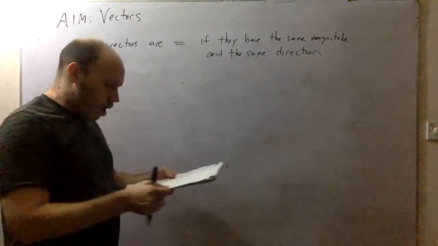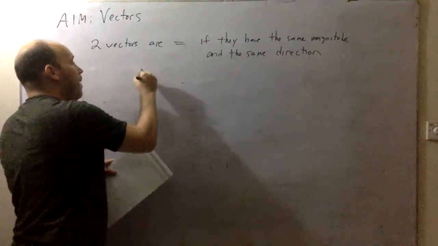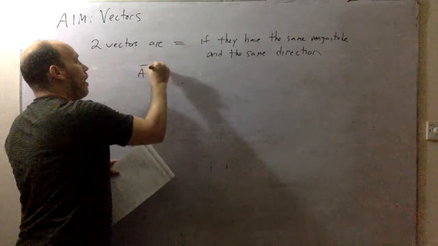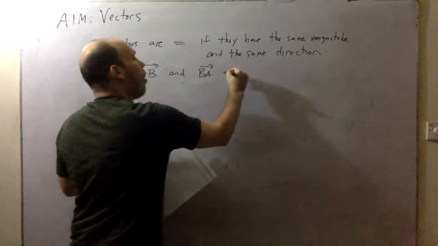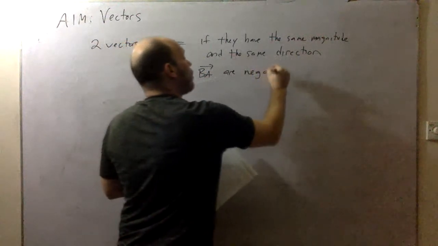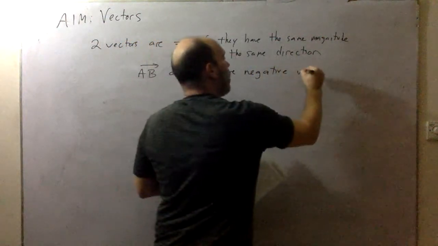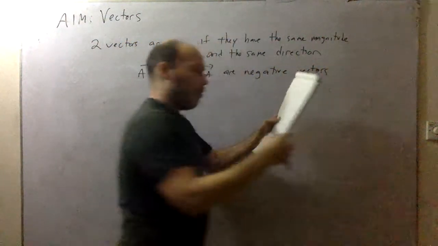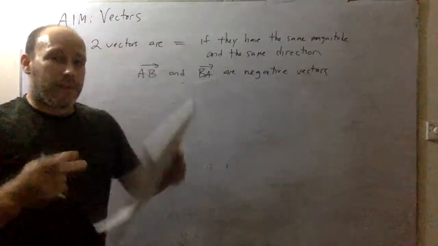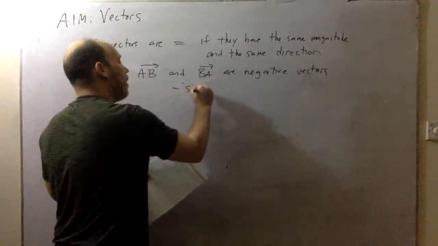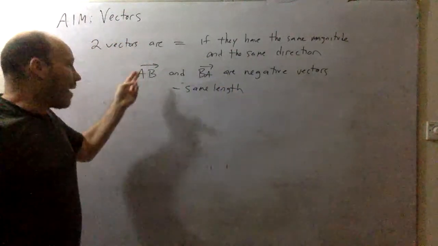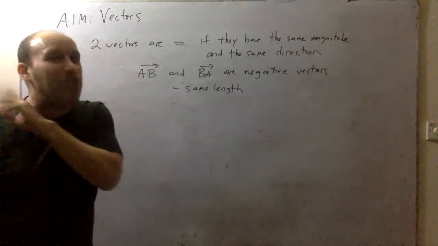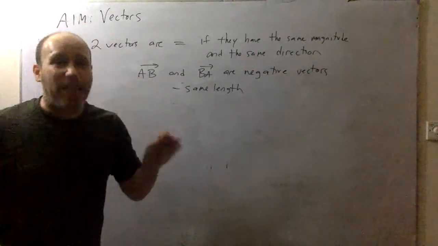For example, AB and BA are negative vectors. It's the same length, so the magnitude is the same, but because the directions are different, they're not equal vectors.